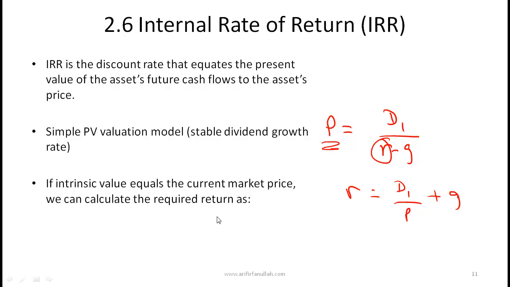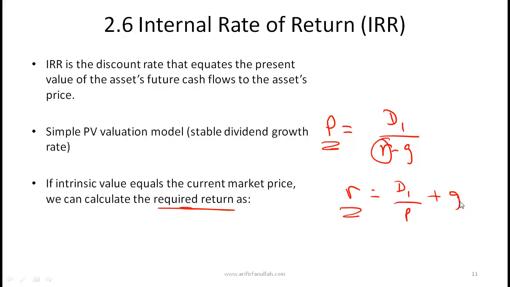Why do we say this? This R is actually an expected return or a required return? This is actually the expected return, because it is based on your expected dividend and your expected growth rate.